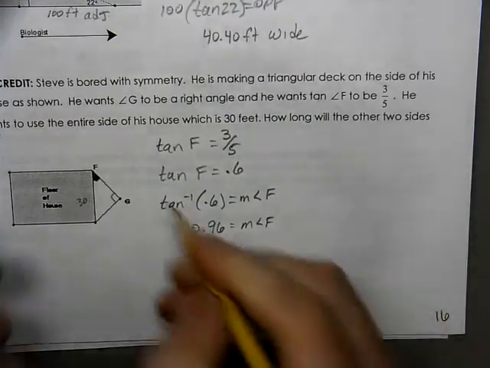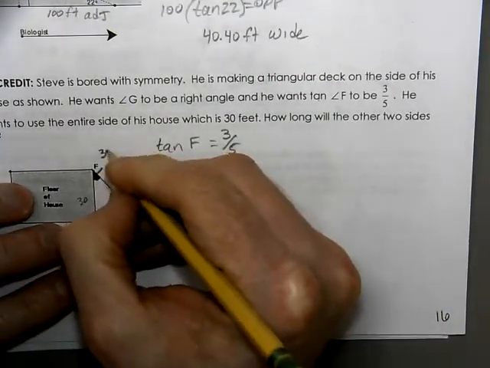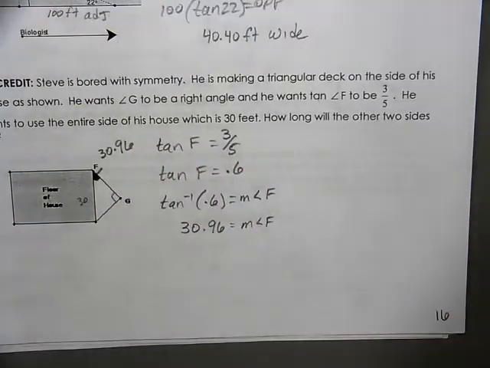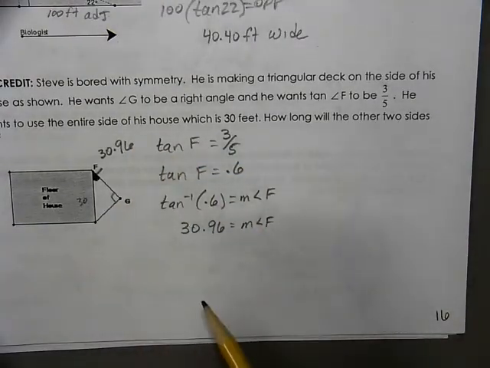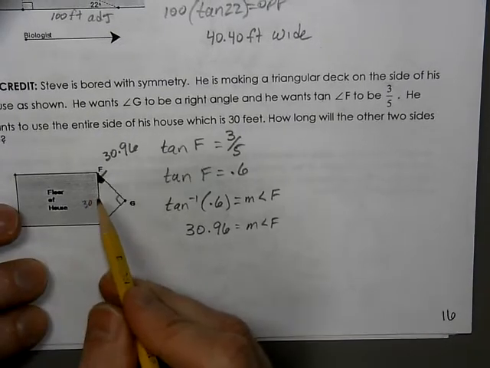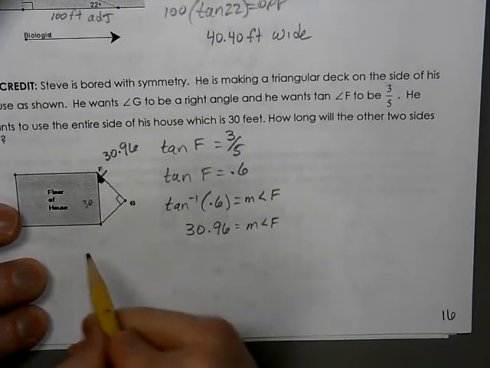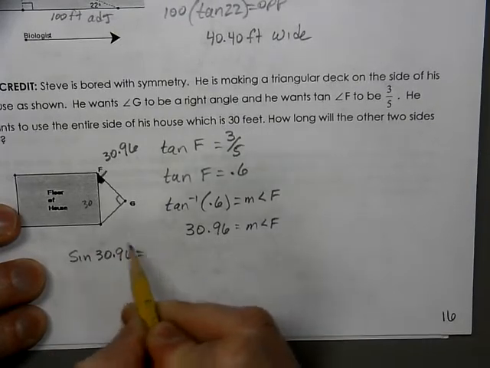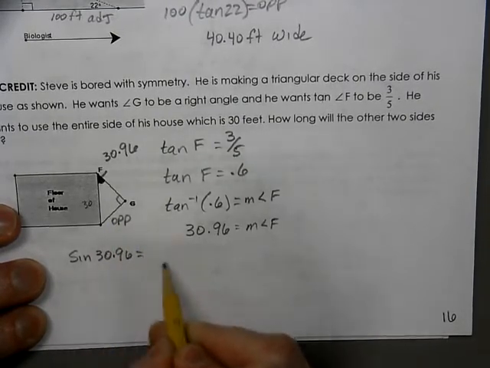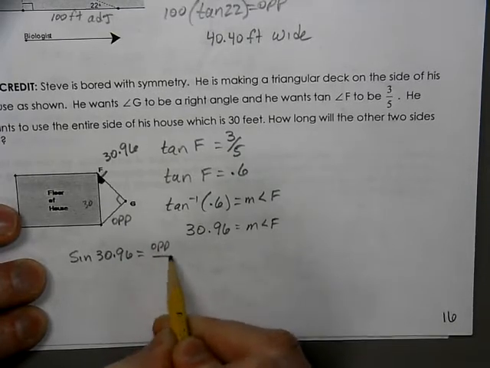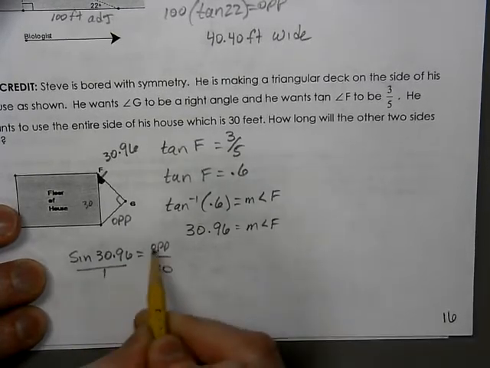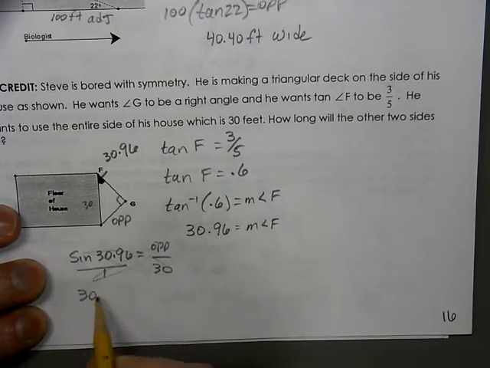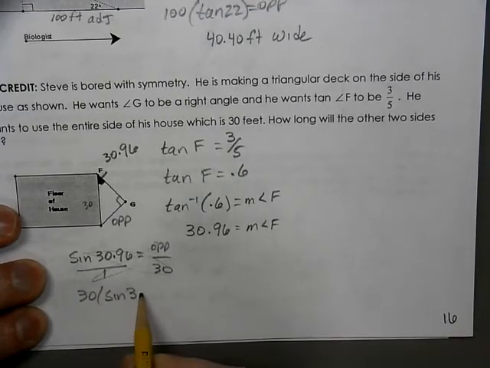Now, since we have that angle, we can go through and solve for the other missing sides. To solve for these other missing sides, we could use sine of our 30.96 equals the opposite side over the hypotenuse, cross multiply.